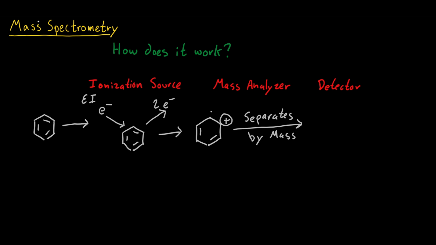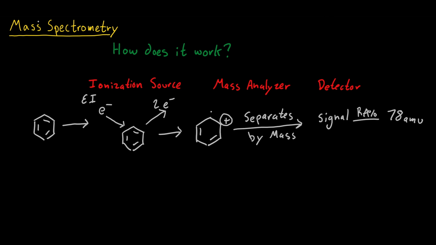So if we had benzene, it would give us a signal of some relative abundance percentage at the molar mass of benzene, which is 78 atomic mass units.